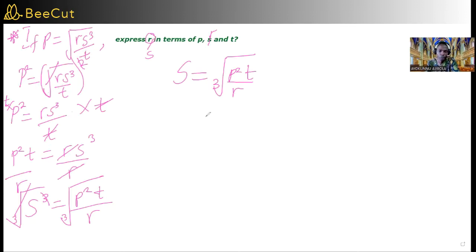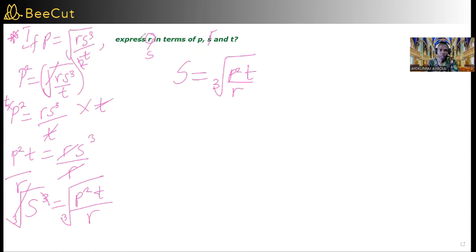Okay. Now look at the question that I just saw. You understand it? Or should I explain it all over? Yes, sir. Okay. Now, the question is that if P equals square root of R S cube over T, you have to express R in terms of P, S, and T. But I change it because of the cube on S, that it will lead me to explaining something further.